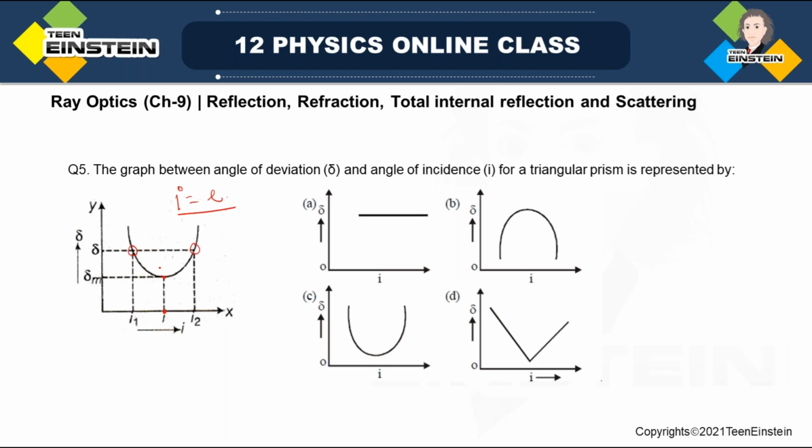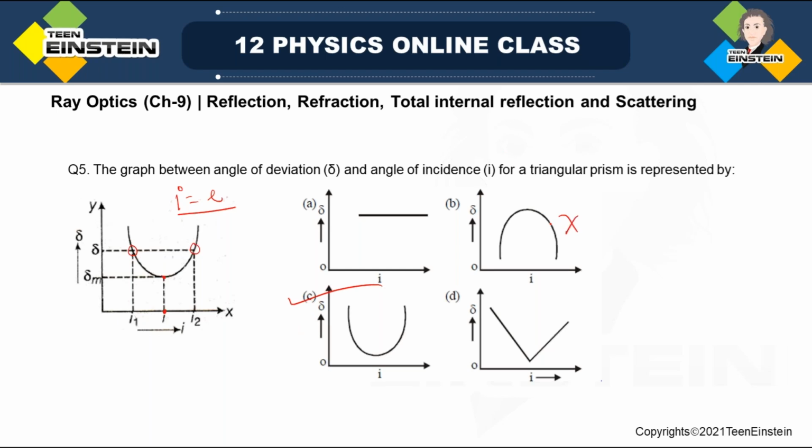So you have to remember the figure. The variation of angle of deviation with angle of incidence for a triangular prism varies like this, not like this.